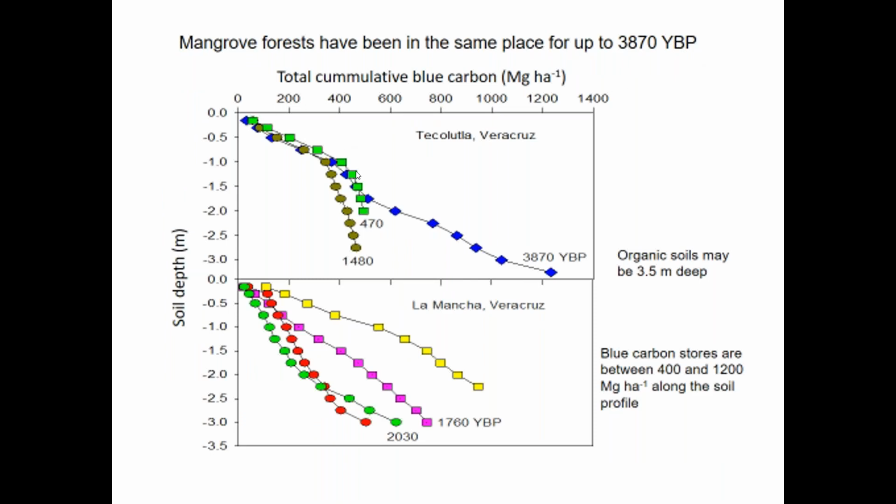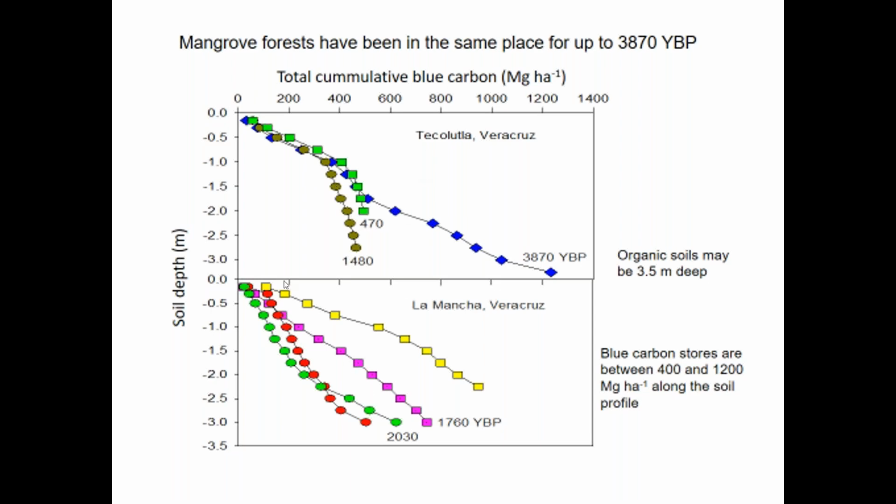But there are other places that we took in the mangrove of Tecolutla here, and some of them are very big in content of carbon, and some others just begin to lose the carbon at about 1.5 meters of depth.